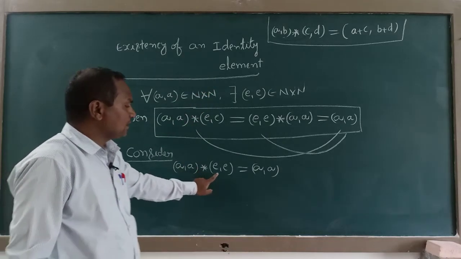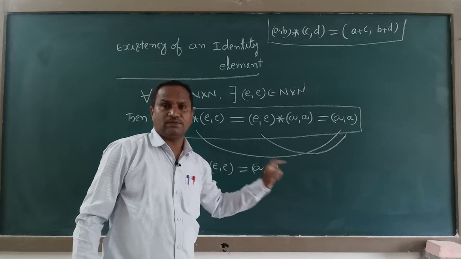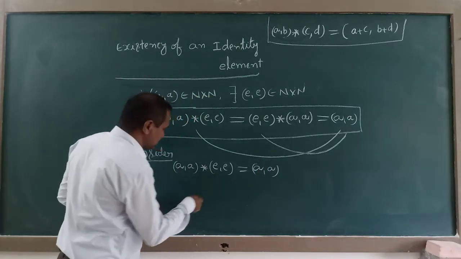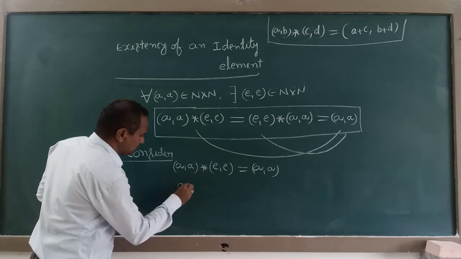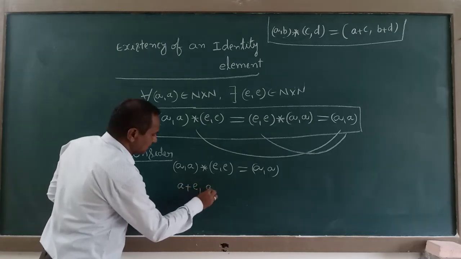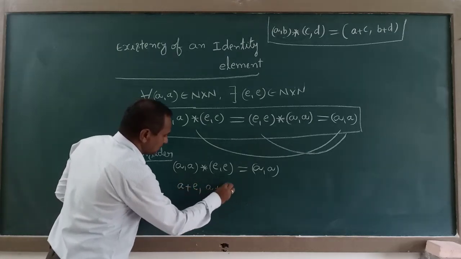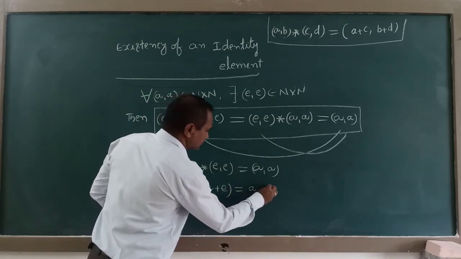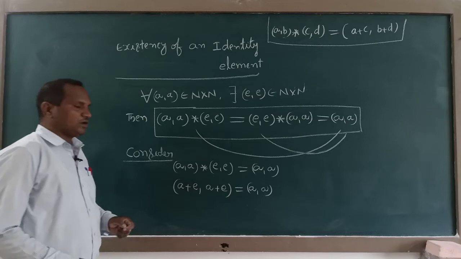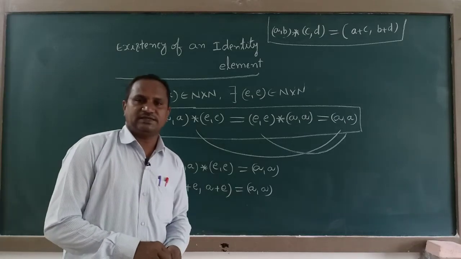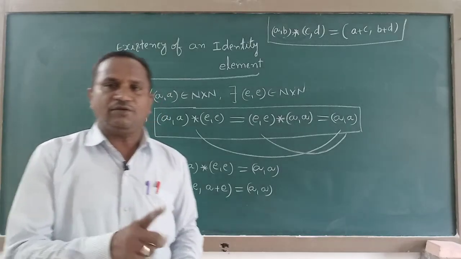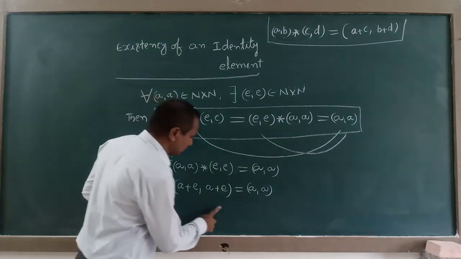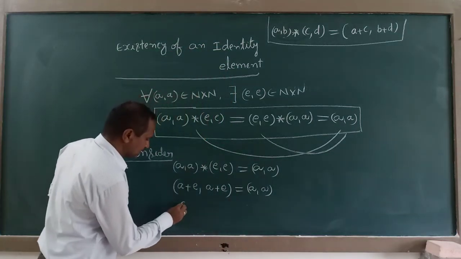Ordered pair star ordered pair is equal to the same ordered pair. Sum of all first elements A plus E comma A plus E is equal to A comma A. Two ordered pairs are equal means directly we can equate their corresponding elements. Like this, you can equate the corresponding elements.